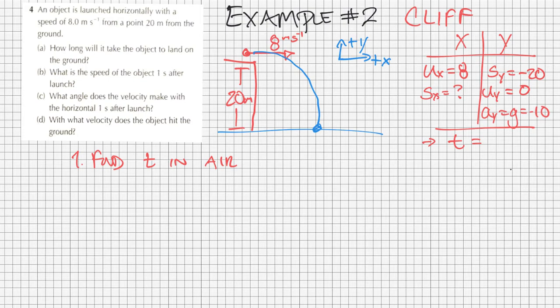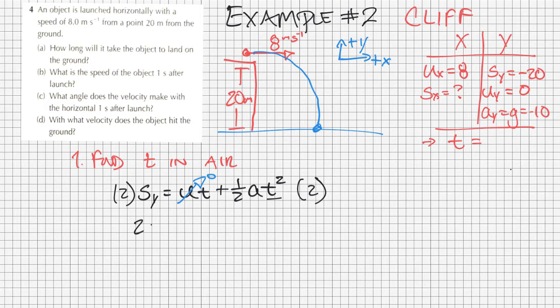To do that, I'm going to use my motion in the y. That's where I have the most information. So I'm going to set up this equation here based on the information that I'm given. I know, again, my initial velocity is 0, and I'm just going to solve for t here. So I'm going to multiply each side by 2.